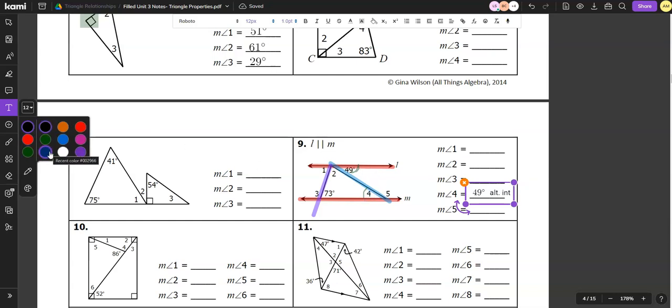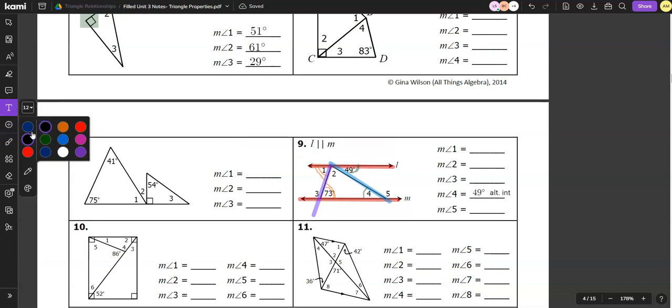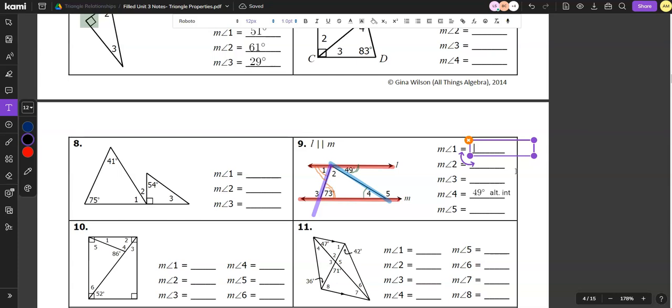We can see the same thing on the other side of the triangle here. You can see the 73-degree angle here and angle 1 are also alternate interior angles. So angle 1 is 73 degrees. Oh, degrees. And again, it's alternate interior angles.